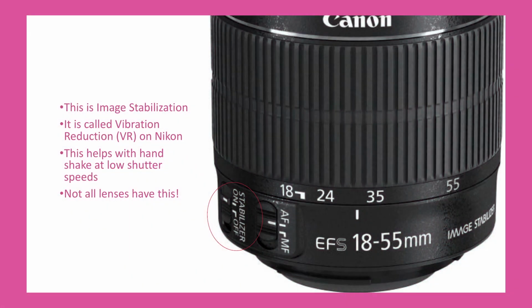It means that it's a better lens, that you can shoot at lower shutter speeds, and you'll generally get better and more sharp pictures when you have image stabilization. Now note on Nikon, it's called VR, vibration reduction. All right, so image stabilization, vibration reduction, everybody might have their own little name, but that's essentially what it does.